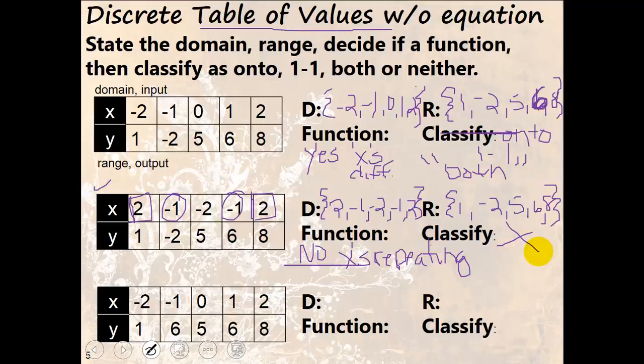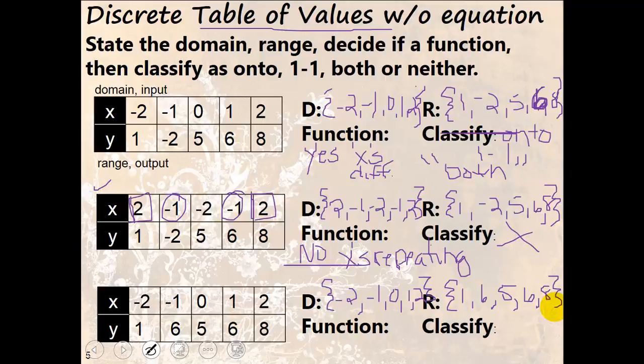Okay. This last example on this one, the domain again is -2, -1, 0, 1, and 2. My range is 1, 6, 5, 6, and 8. All right, you don't have to write the 6 twice, but it helps you see what's going on.